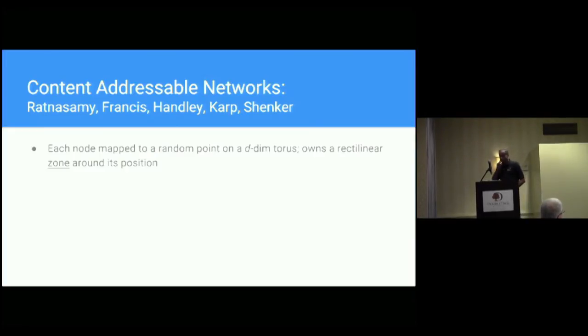Each node gets mapped to a random point on this torus, and by a sequence of maintenance steps they detail, owns a rectilinear zone of the torus around its position. A file is similarly hashed to a point in the d-dimensional torus, and is stored at the node whose zone owns that point.